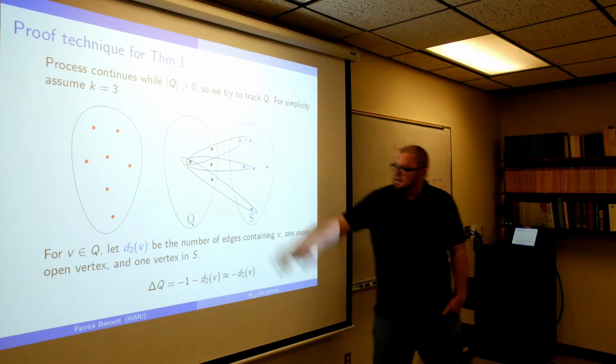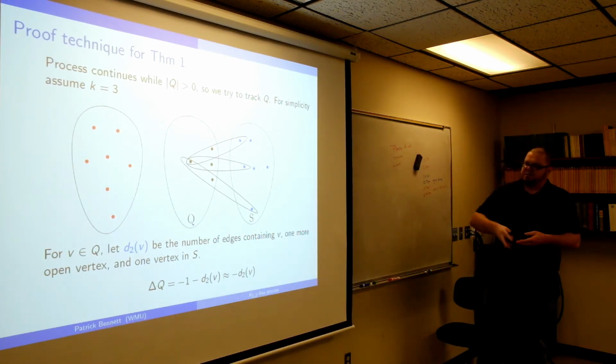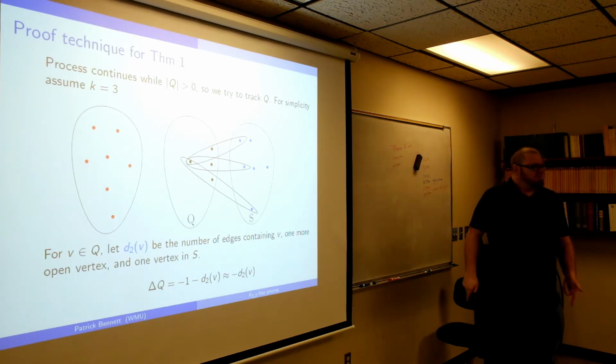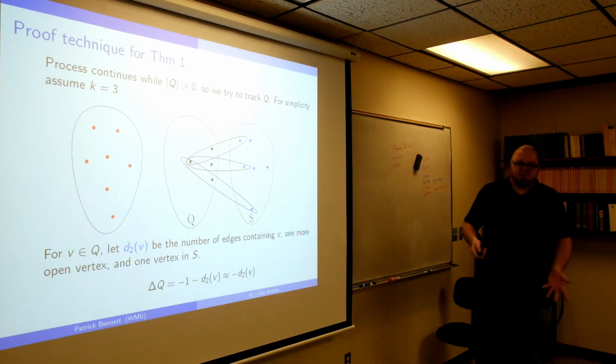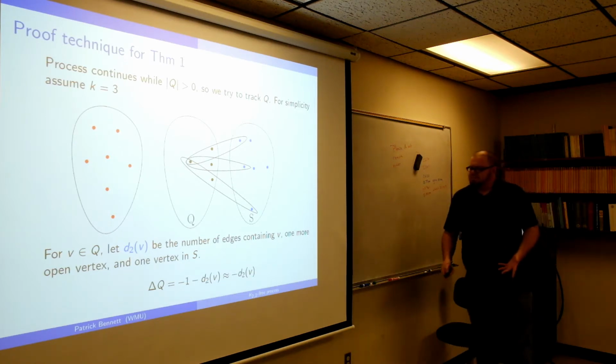If this is v, d2 of v is just the number of edges containing v, one more open vertex and one vertex in S. And by the way, we're assuming that this is a 3-uniform hypergraph right now for simplicity, so all the edges are of size 3. These 3 edges were really the edges that caused the vertices to turn red. That's what we count for d2 of v.